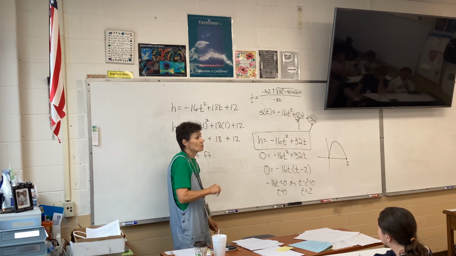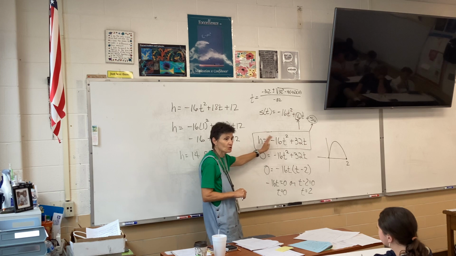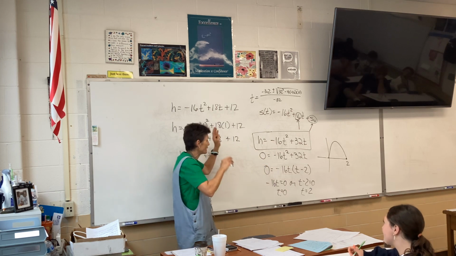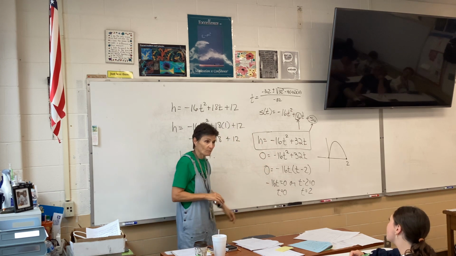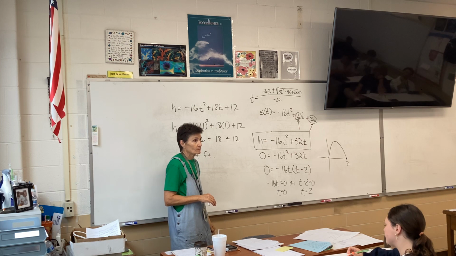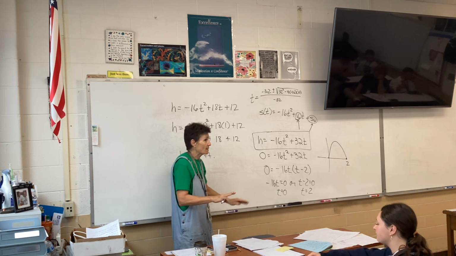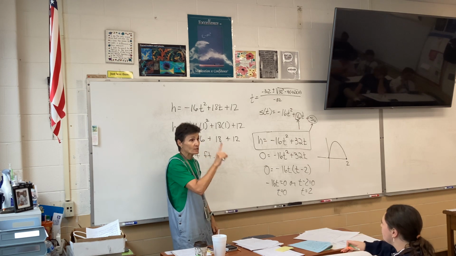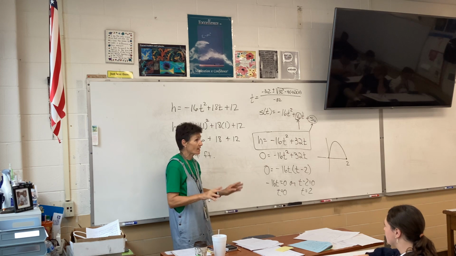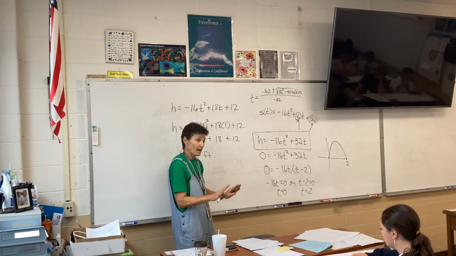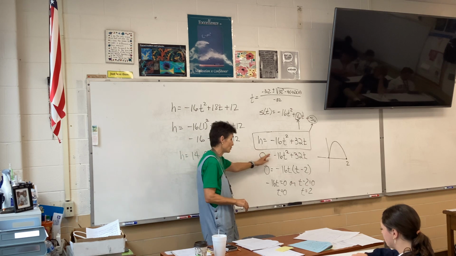You are welcome to do that. If this factoring bugs you, you're like, oh my gosh, what she did, go ahead and use the quadratic formula. And you will get the same answers. Factoring is always faster. I'm just telling you that. It's always faster, more efficient. But if you can't do it, you're going to use your quadratic formula.